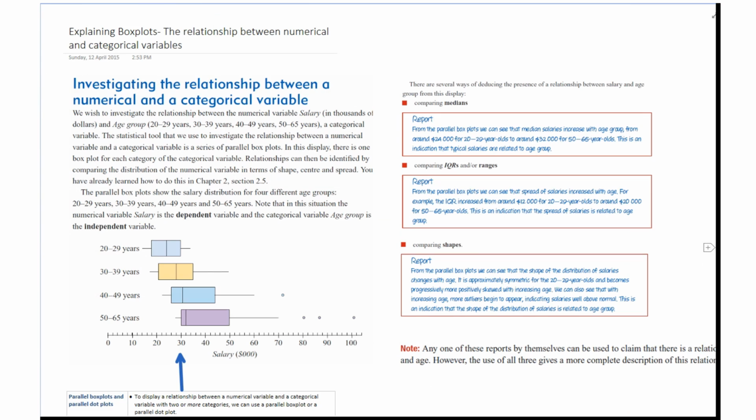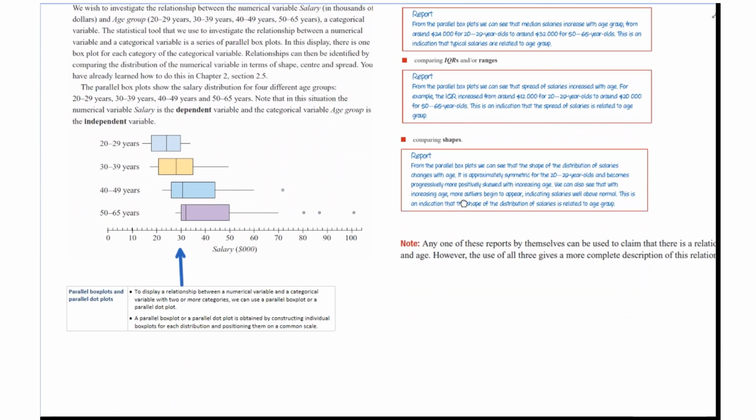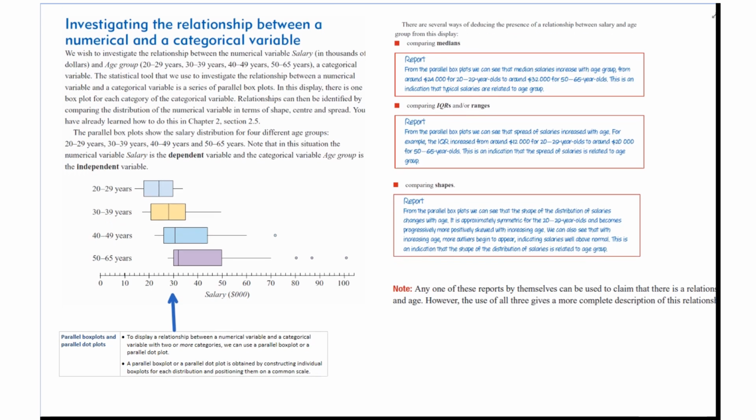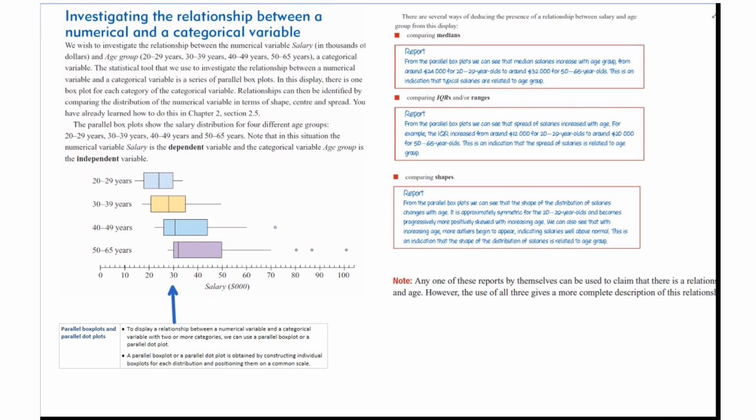Now, this is an important one to compare. This is investigating the relationship between numerical variables, salary, so how much people are earning, and age groups. For each of those age groups, we've got a plot that looks like this.